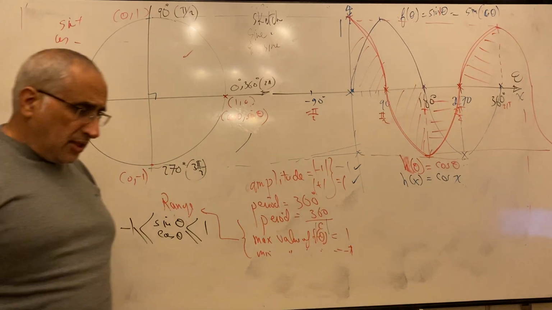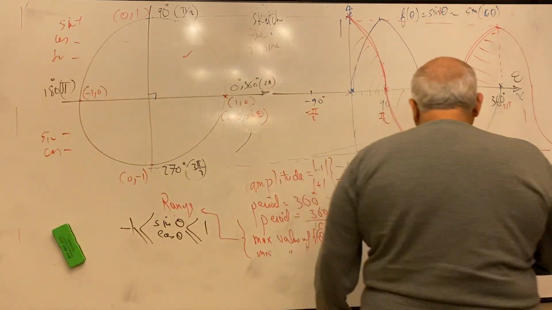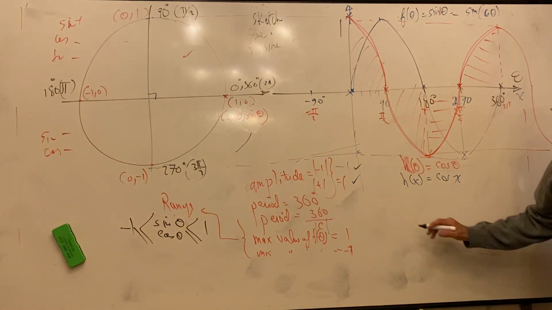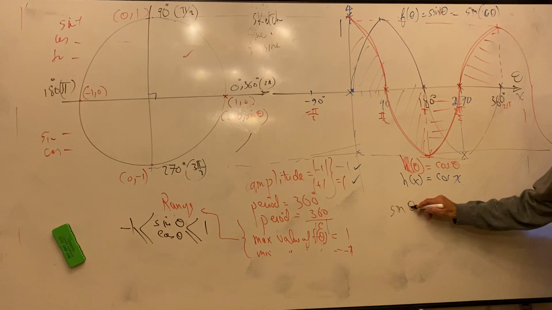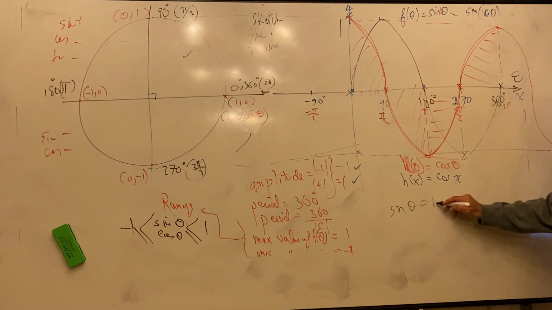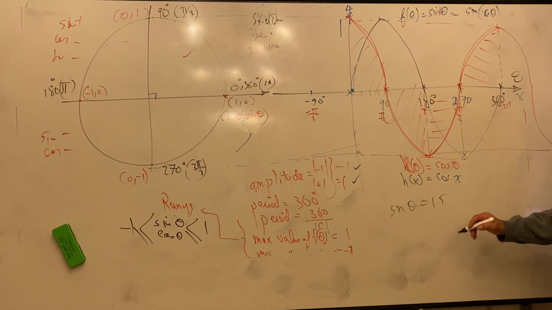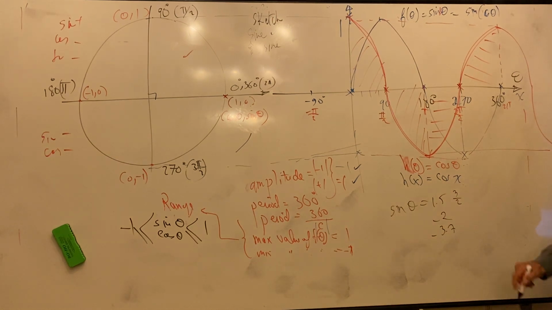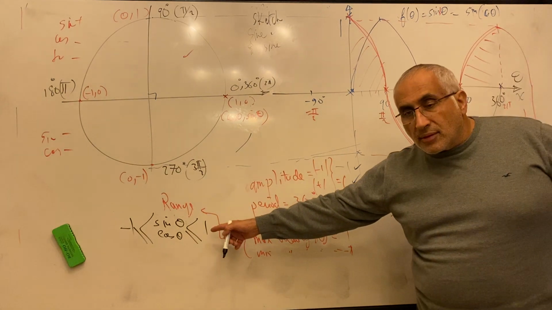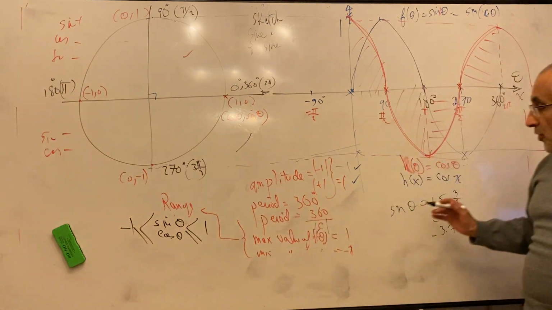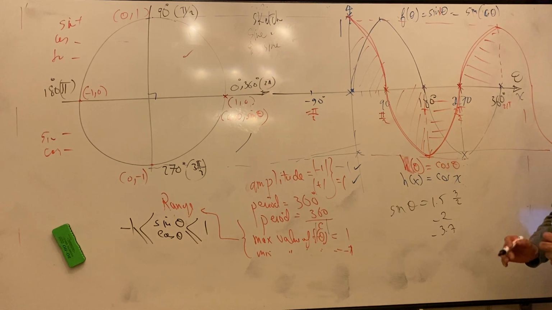Remember in the trigonometric questions, I told you once before, we can never solve a question like that. Or maybe 3 over 2, or maybe minus 2, or maybe minus 3.7. These numbers are beyond this range. If you are within, you can find the answer.